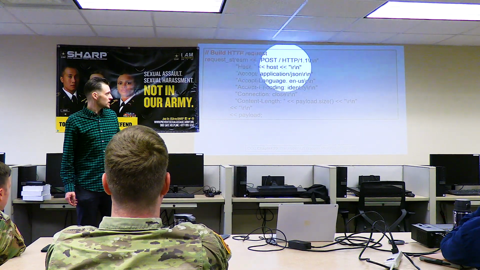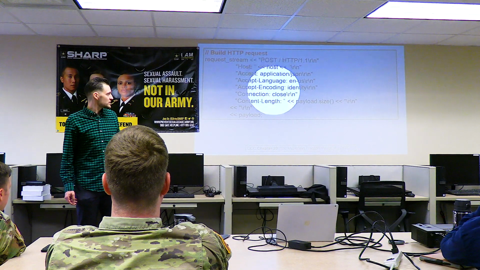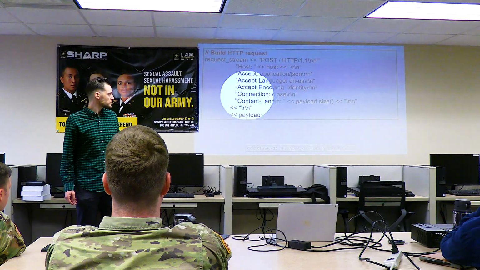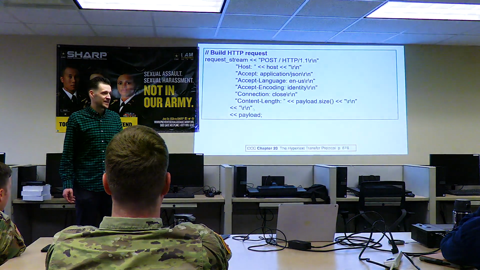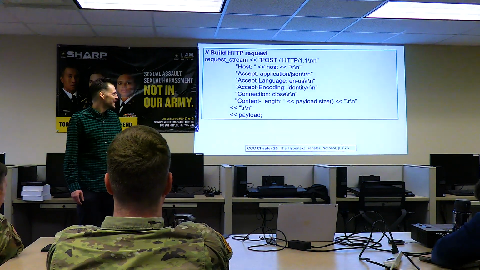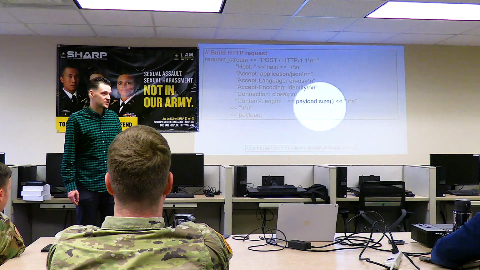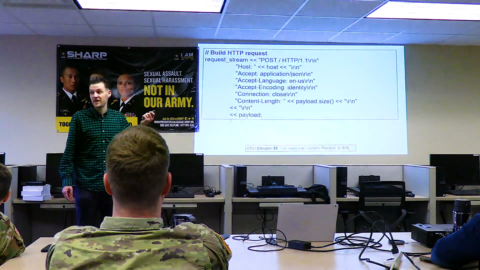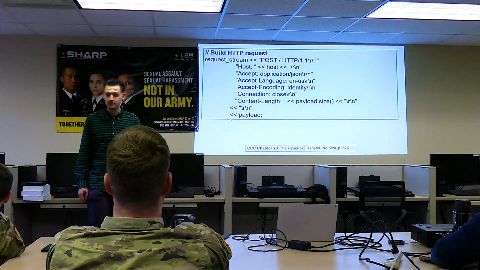If it's 1.1, you need this host line, and you have some headers. Here we're not doing it. This is not InfoSec. This is just HTTP programming. We're going to put in the size of our payload, and then we're going to write the payload in, and then we're good to go.